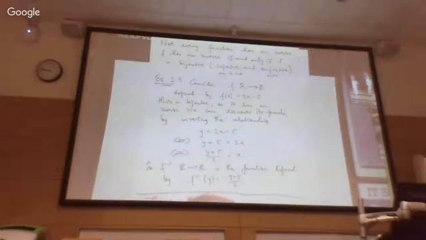Now we'll end by looking at Theorem 3.1, which tells us something very important about how inverses of compositions behave.